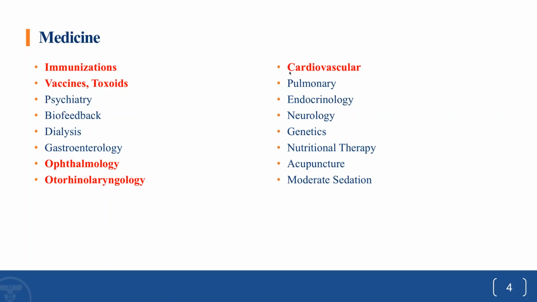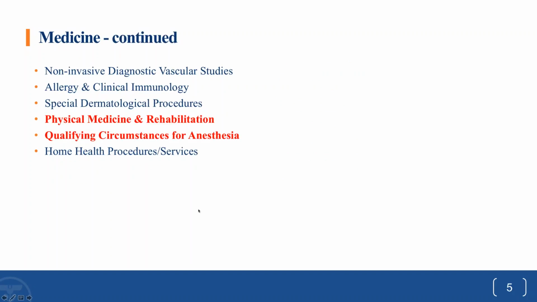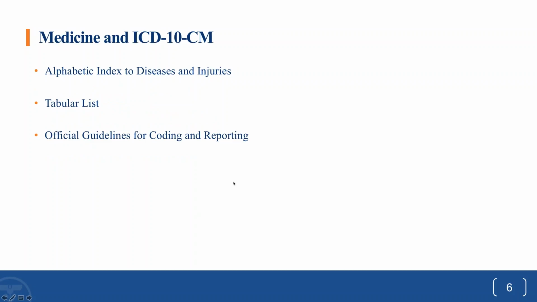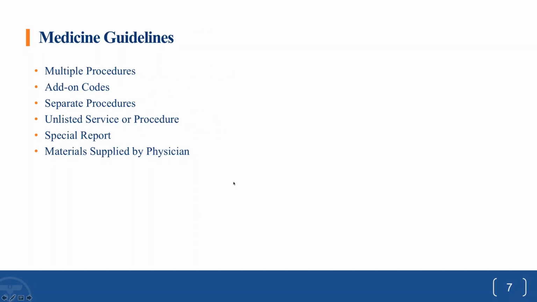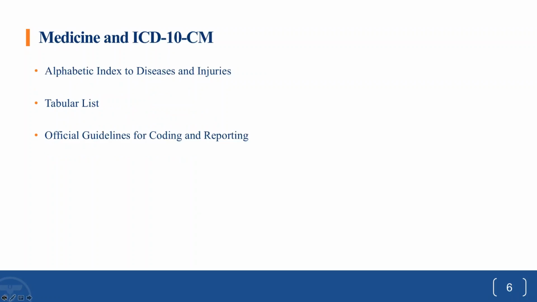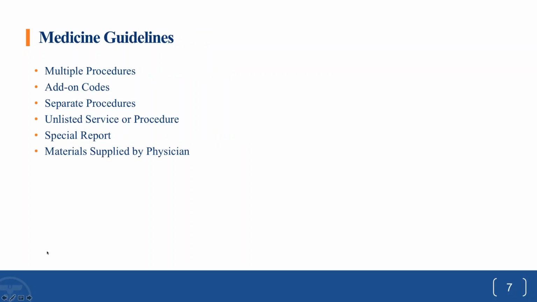You notice I have these areas in red, so you know that you may be questioned on those. Physical medicine, qualifying circumstances for anesthesia, you already know those, right? Your qualifying circumstance, under 1/70. There's not going to be medicine guidelines like the other sections, because it's just going to be everything in that book, really. There's not a section for medicine.